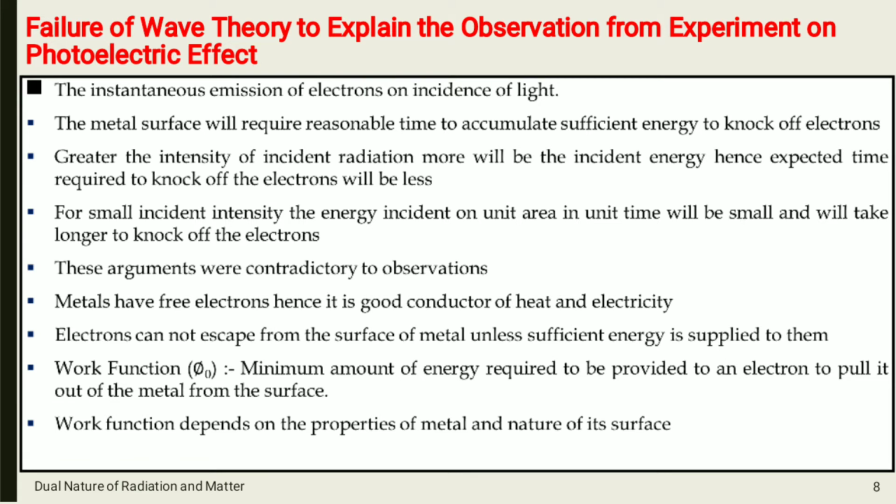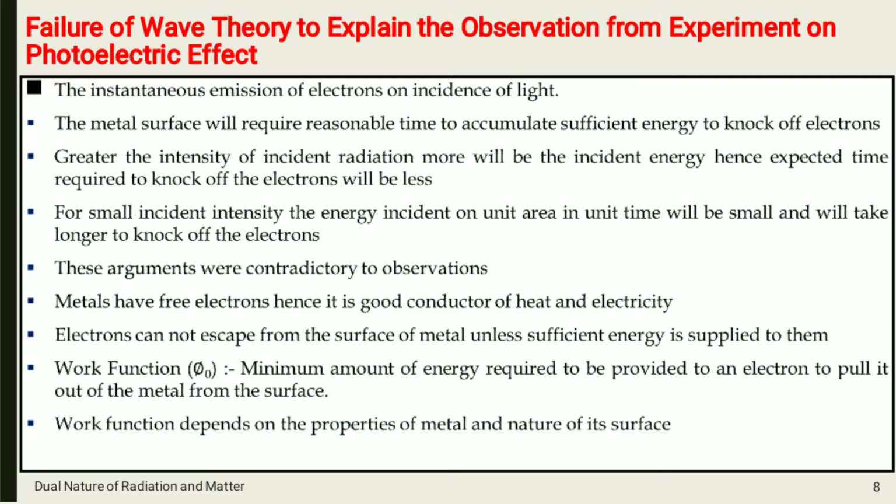If intensity is more, the energy of incident radiation is more, and electrons will take less time to knock off from the metal. If intensity is less, then electrons will take longer to knock off from the metal surface. These three arguments are contradictory with the observation. Which observation? First.